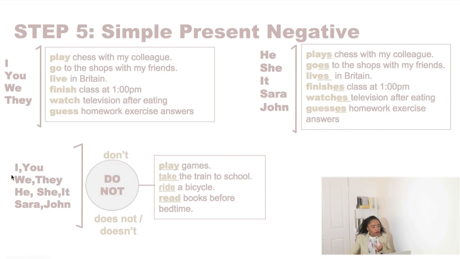So let us try and create some sentences. I do not play games. Okay, so you say do not or don't play games. You do not play games. We do not play games. They do not play games.